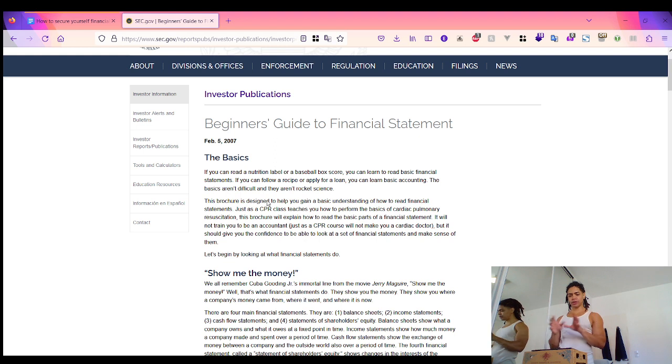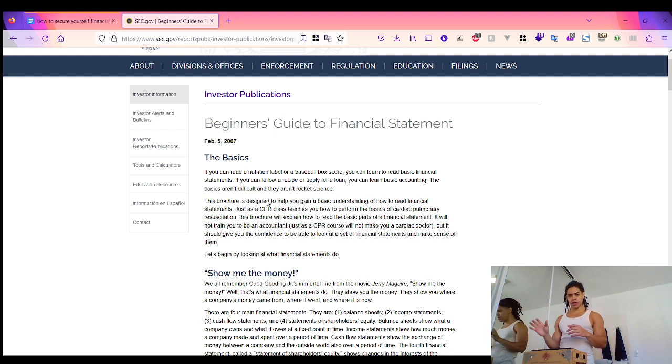So the general thing here, or the TLDR in a nutshell: a balance sheet is a snapshot of a company's assets, liabilities, and shareholders' equity at the end of a reporting period. So it doesn't show the flow of money in and out.